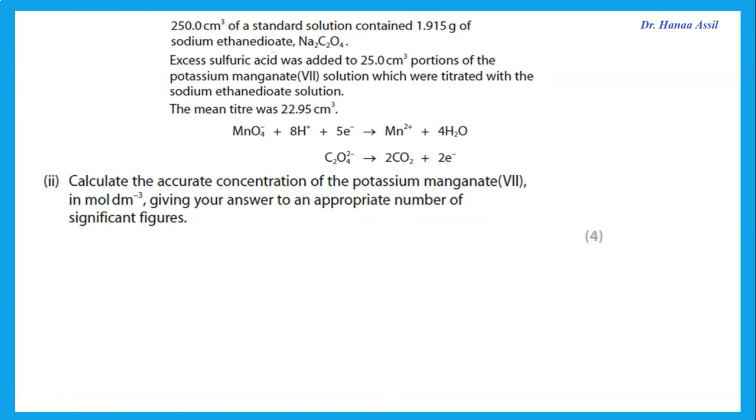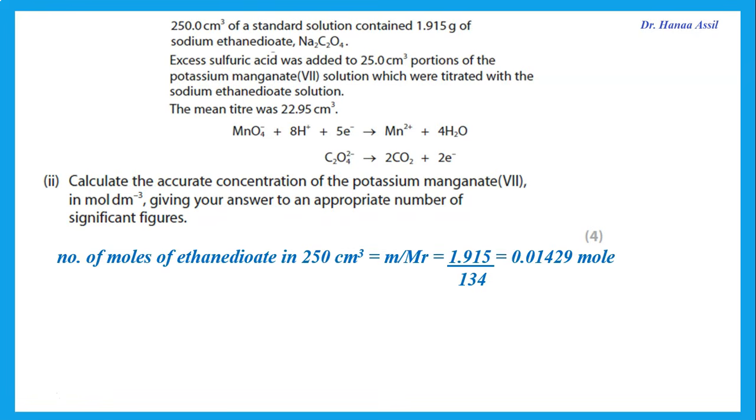We should get the concentration of the sodium ethanedioate that we're using. From the information that we have, we can get the number of moles in the 250. Number of moles is mass over molecular mass of the sodium ethanedioate. This comes out to this number of moles, and we can get the concentration of that solution. The concentration would be the number of moles over volume.